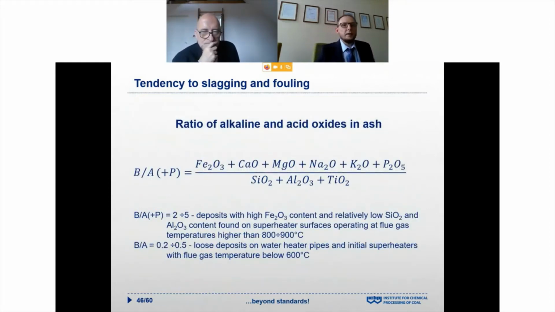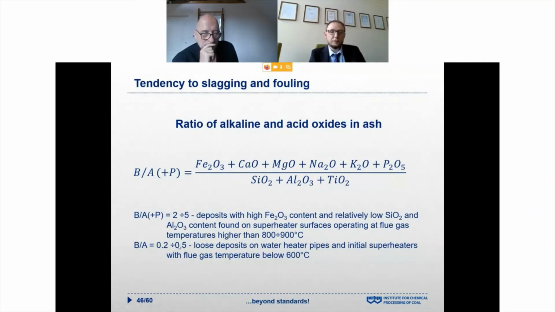So the first index is the slagging index, the ratio of alkaline and acid oxide in the ash. You can see here, if you are in the region of 2 to 5, the deposit layer is quite compact. It's not easy to remove it.